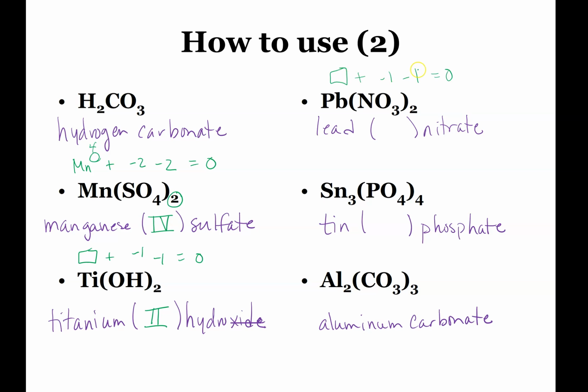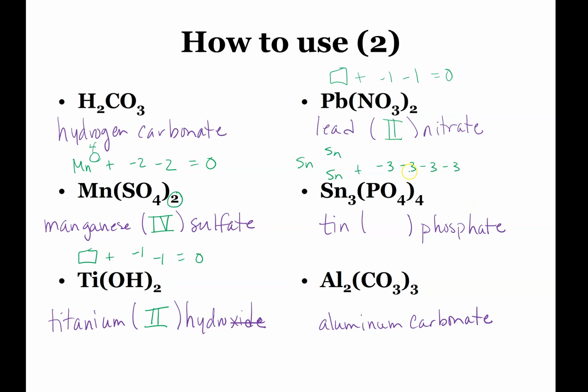So some number -2 gives me 0. Okay, phosphate is a -3, but I have 4 of these suckers. I have 3 of these tin ions.